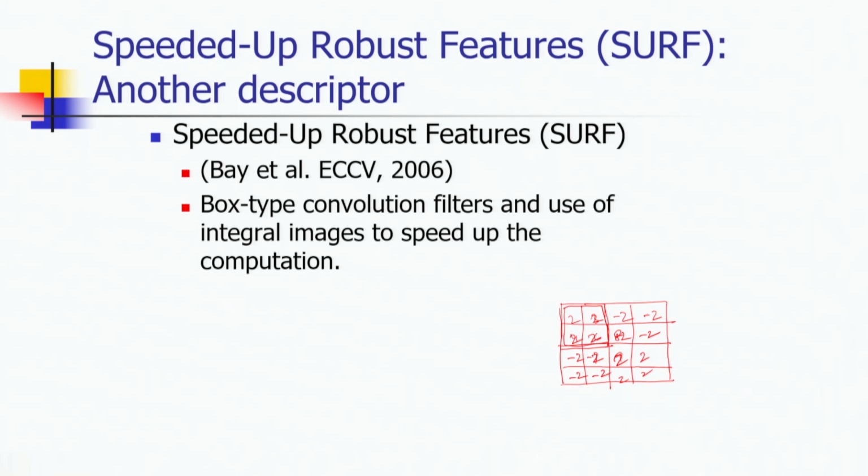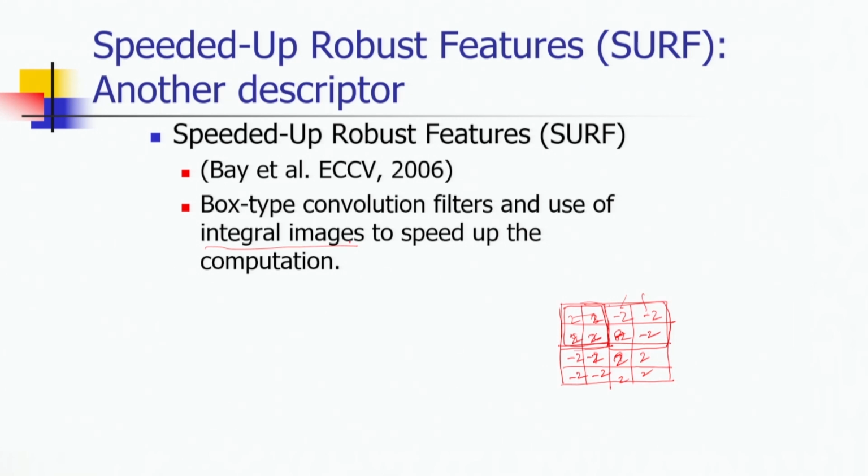When we are doing box filtering, I can simply sum these pixels and multiply by 2. That is the effect of computing with this region. Similarly, sum these pixels and multiply by -2. This kind of advantage you have with a box filter, and in fact, these computations could be further enhanced by using integral images.